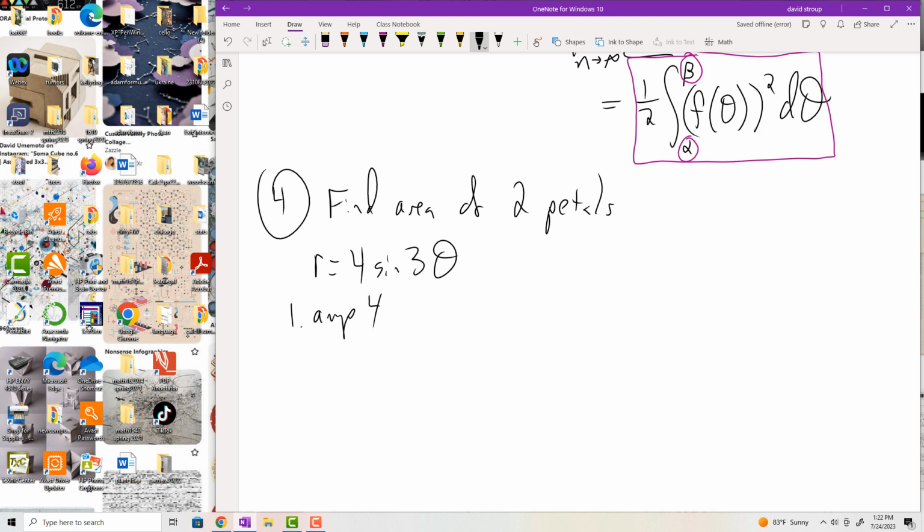The amplitude here is 4. For the period, you take this 3 theta and wedge it in between 0 and 2 pi, divide by 3, and then section it off into 4 parts for the tick marks.